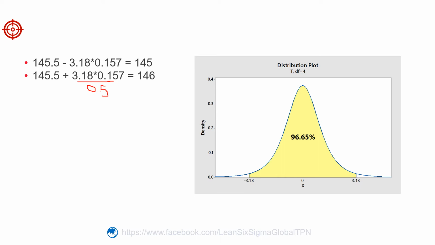So we can be confident that the process mean is between 145 and 146 grams. Although we are convinced that the mean phone weight has increased, we can't be very sure that it has increased by much. We'll probably want to collect more data to get a more precise estimate.